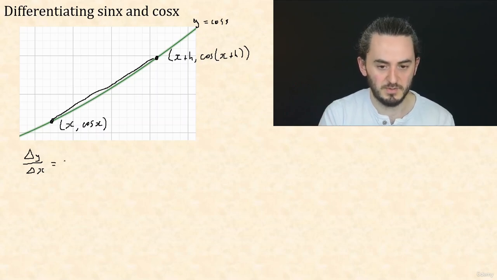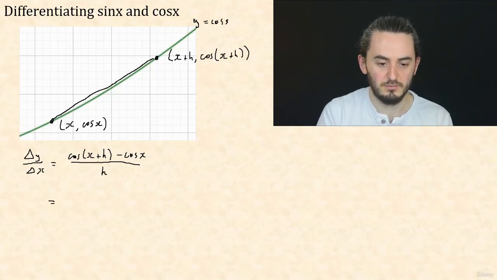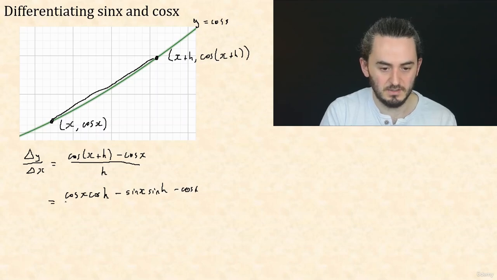So change in y divided by change in x is cos of x plus h minus cos x, and the change in x is x plus h minus x, which is just h. I can use the addition formula for cos to expand this, and I'll get cos A cos B minus sine A sine B, and then still minus cos x, and still divided by h.